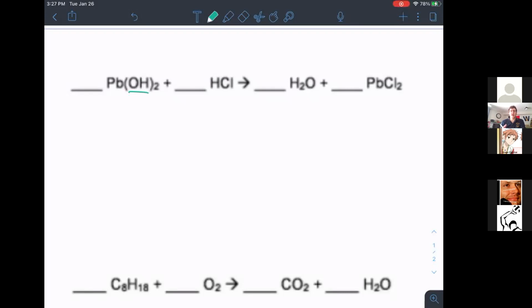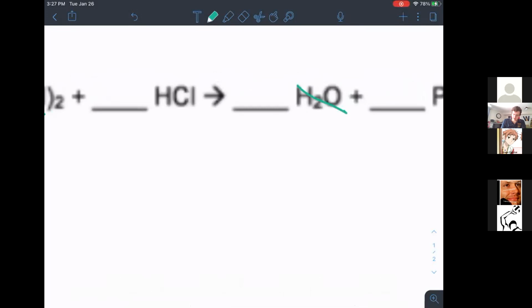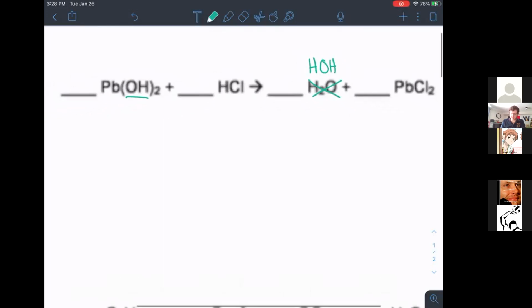But if we wanted to see an OH there, what we would do is change this H2O. If we rewrite it as HOH, we can imagine that the hydrogen is by itself and this OH is together.